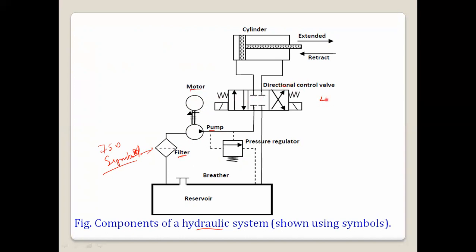This is a 4x3 direction control valve, that is 4 ports and 3 positions. Here we have the first position, close position, then the second one, forward position, and the third one, the return position, which I have explained. Then comes the cylinder. This is the ISO symbol of the cylinder, where this is for the extension and this is for the retraction. In this way you can also represent this hydraulic system. Here it shows the symbols.